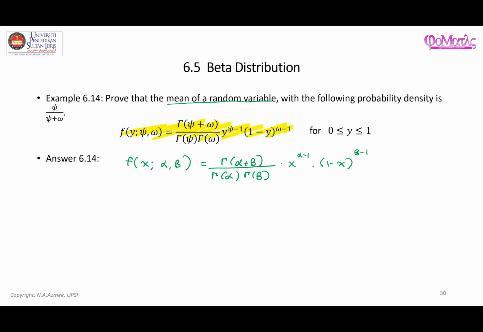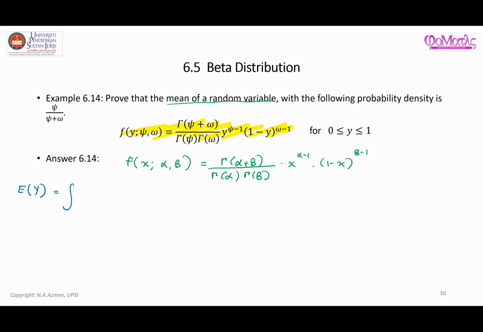Now we know that in order to find the mean of a random variable, we got to start with a very basic idea, which is finding the expected value of y.